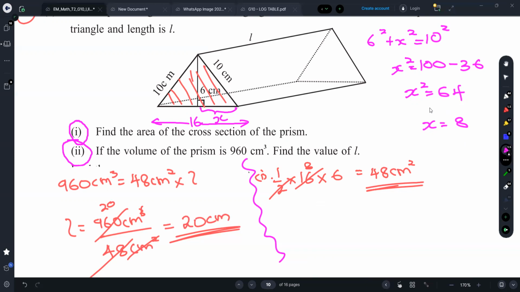Next, we have a log question. Get your log tables ready.